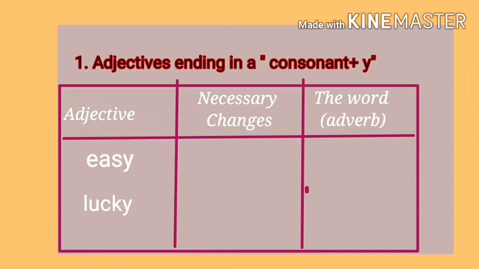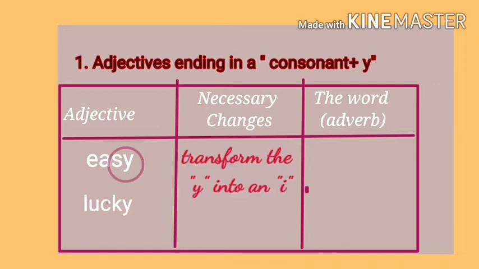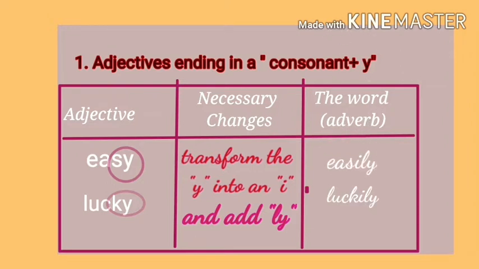In the first example, Y is preceded by S, in the second Y is preceded by K. So, the necessary change in that case is that we transform the Y into an I and add ly. Okay, so the adverbs are like that, easily, luckily. It ends with ily.